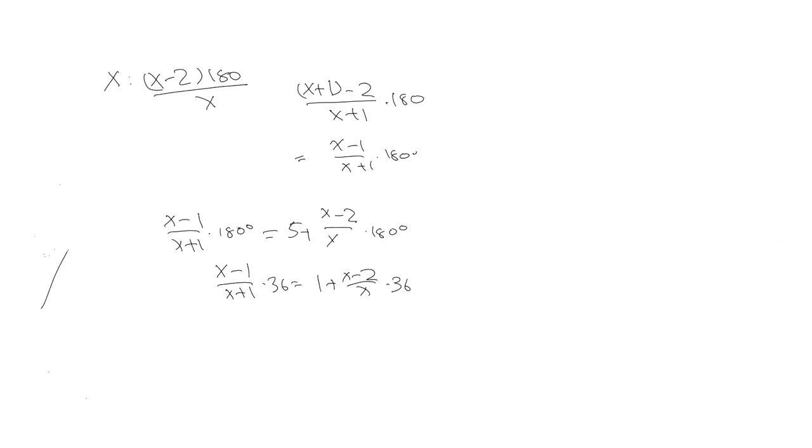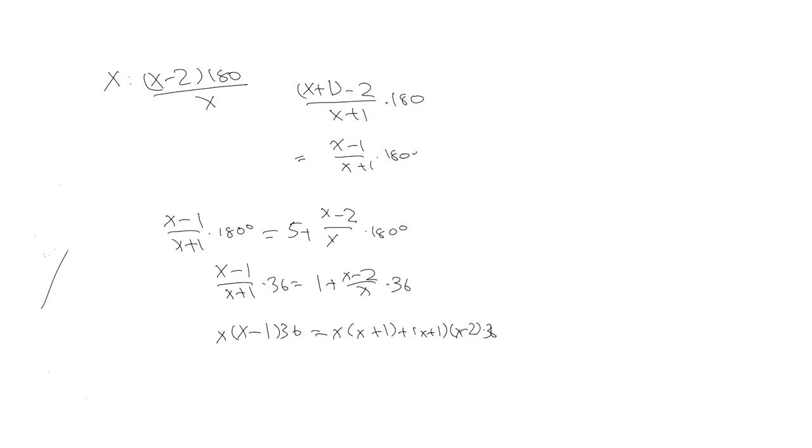After this, we can multiply by x times x plus 1 on both sides. So we get x minus 1 times 36 times x equals x times x plus 1 plus x plus 1 times x minus 2 times 36.